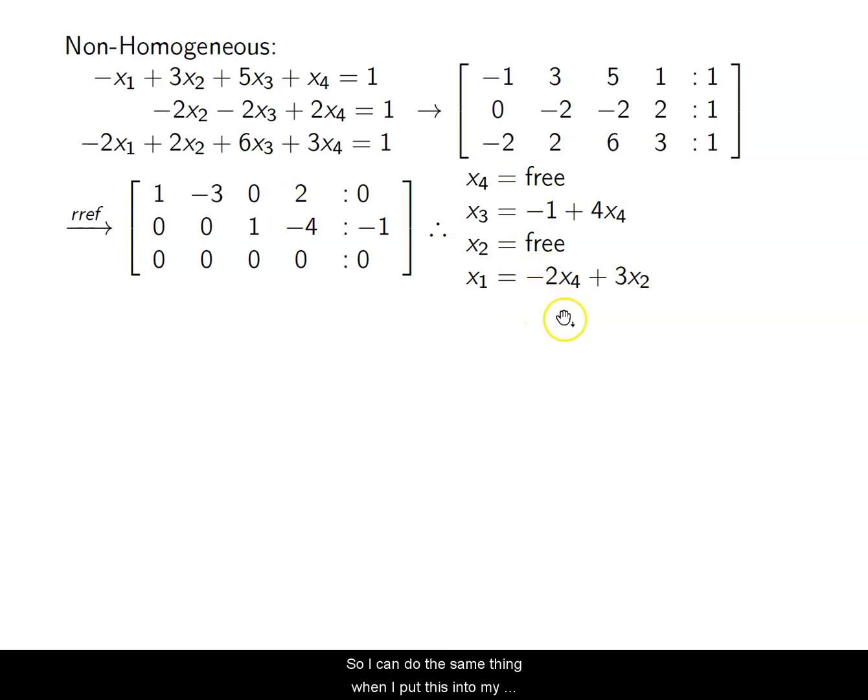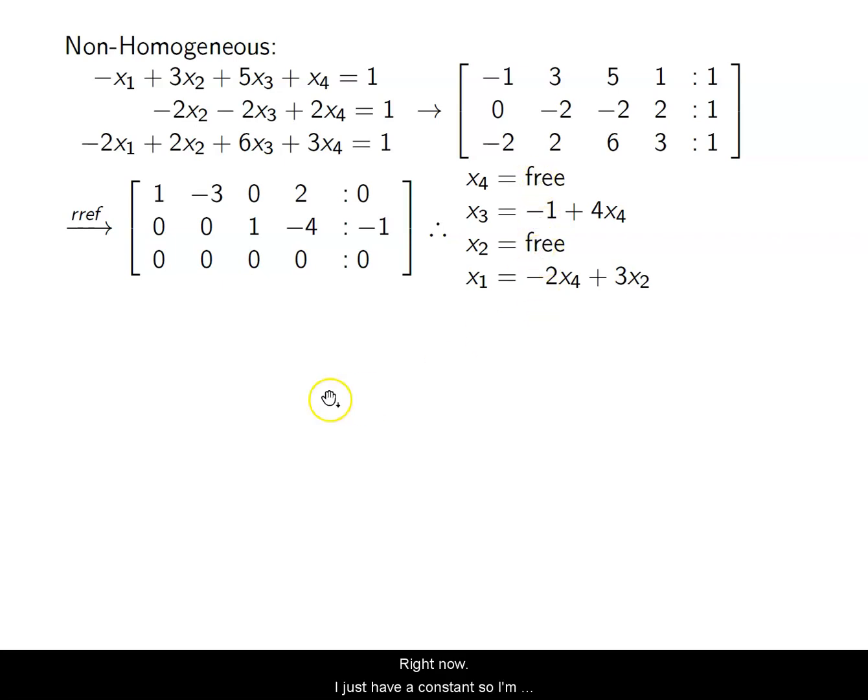So I can do the same thing when I put this into my particular solution. For all of the x4s, if x4 goes first, I'll have a negative 2. I'll have a 0 in the 2 position. Then I will have a 4 and another 1. But if you notice, there's one constant form here, right?